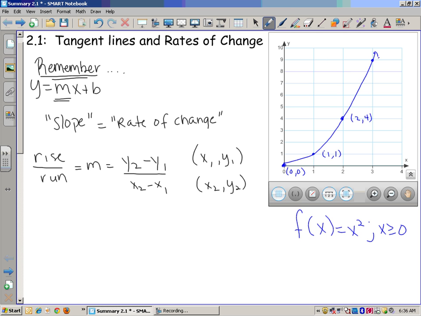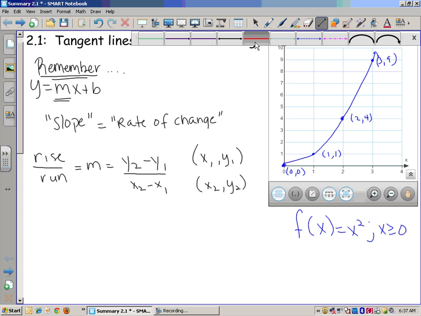I'm just labeling them because I'm going to use them. If I chose any 2 points on the graph, I'm going to mark some lines on here. From this point to this point, you can see that tangent line, and from this point to this point, and from this point to this point.